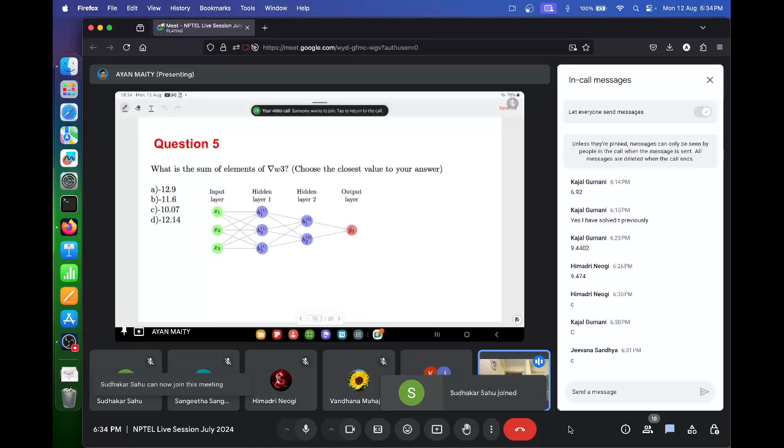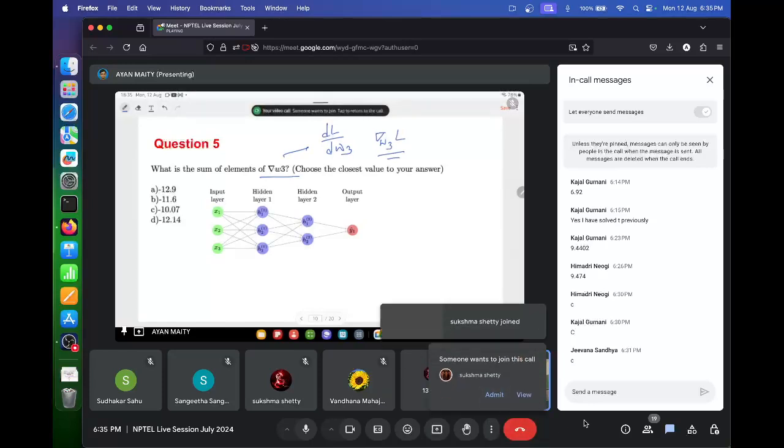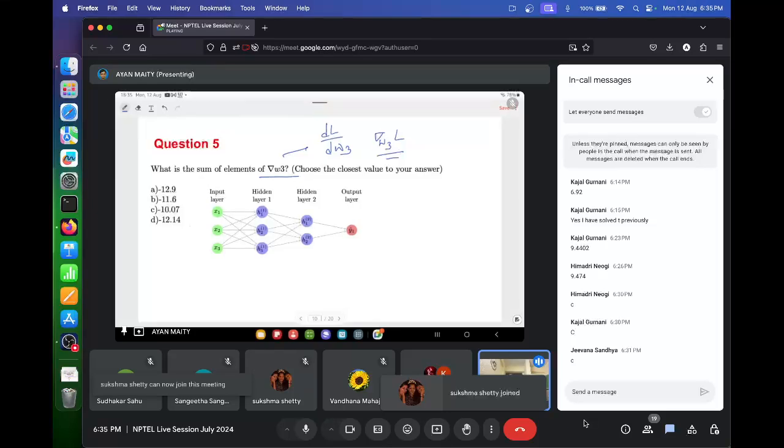Now question 5, again on the same question setup and also the same neural network. What is the sum of the elements of gradient of W3? This is not exactly gradient of W3, this is dL/dW3, or sometimes it is written as gradient of L with respect to W3. So this is W1, this is W2, this weight matrix is W3.